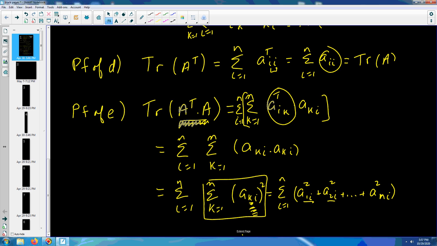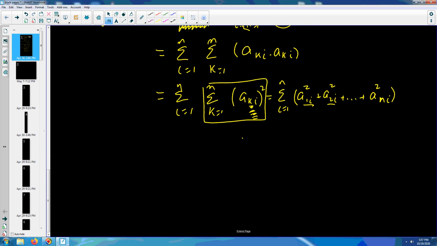Now, when I sum over the i's, so now the i's change. First I is 1. I get A11 squared plus A21 squared all the way up to AN1 squared. Now I is 2.